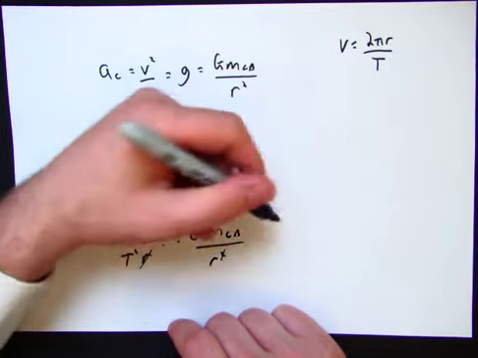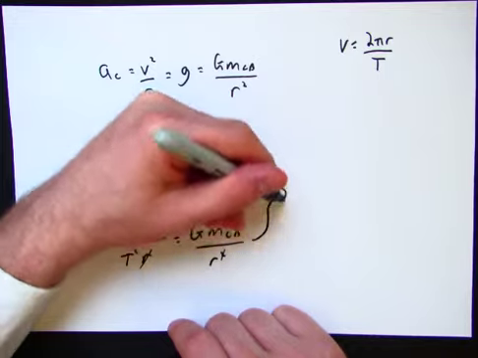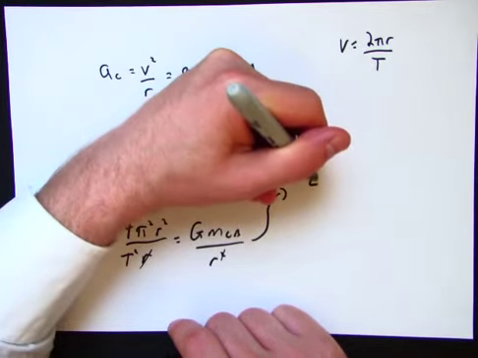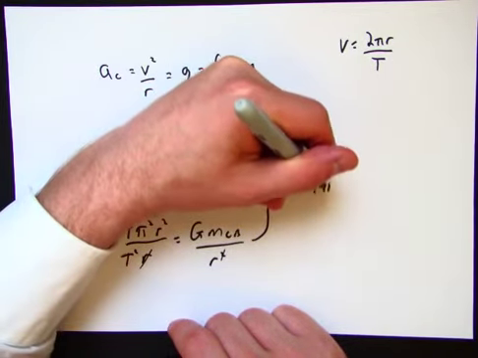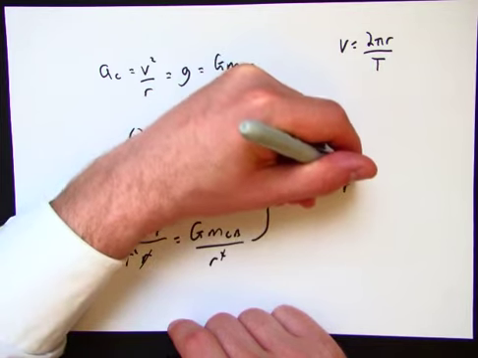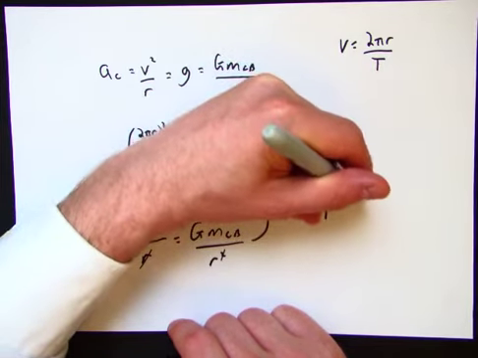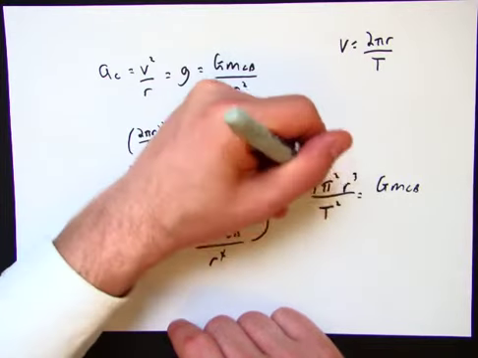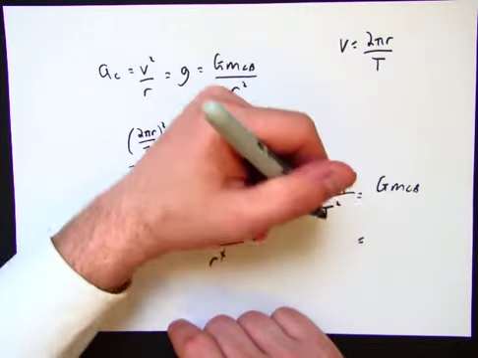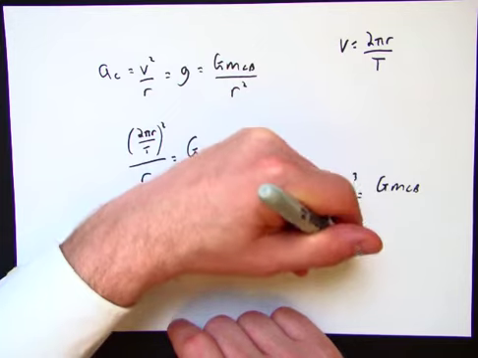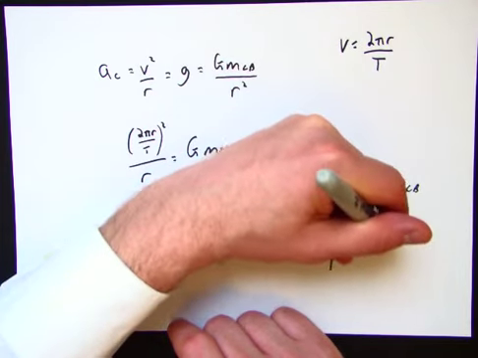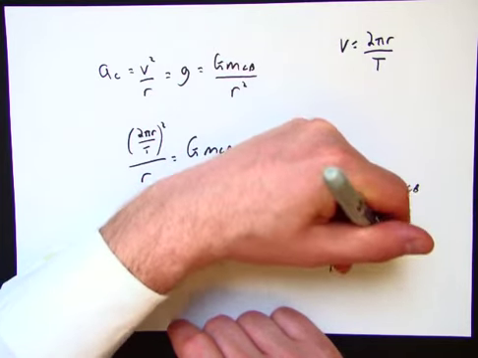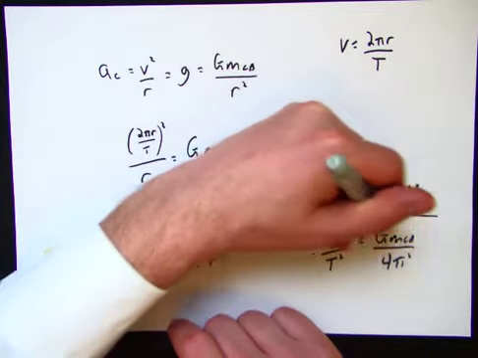I'll write this as 4 pi squared r cubed over T squared is equal to G M cb. The last thing I'm going to do is divide by 4 pi squared, and you get r cubed over T squared is equal to G M cb over 4 pi squared.